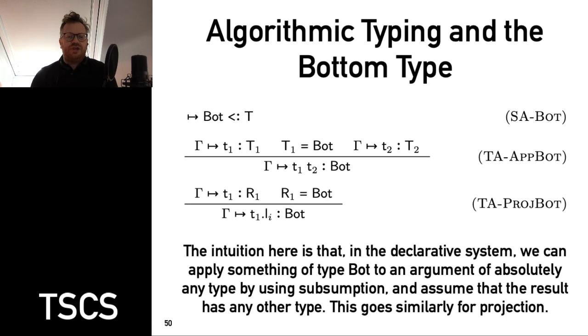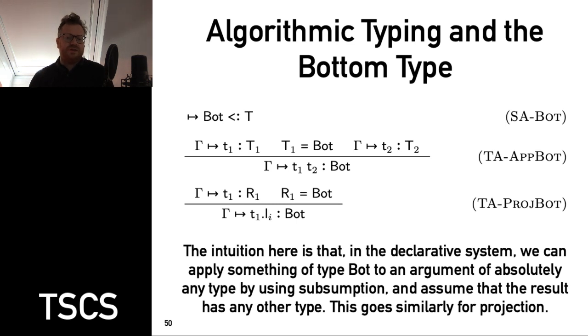And if you have a projection on a record that is of bottom type, then the projection is also bottom. And so the intuition here is that in the declarative system we can apply something of type bottom to an argument of absolutely any type by using subsumption, and assume that the result has any other type.